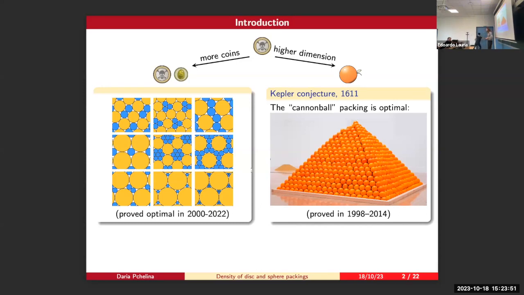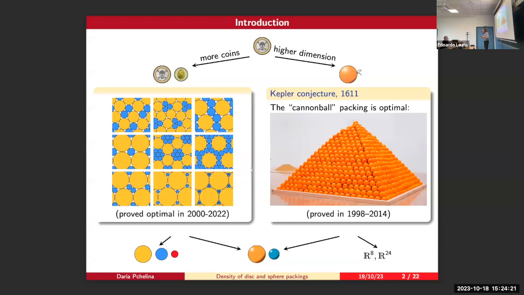Okay. All right. So both cases were solved. Now we would like to generalize even more. We have several possibilities. We can consider packings in 2D by more disks, like 3, the first open problem. We can consider packings in even higher dimensions, like 8 and 24, which were solved not long ago.